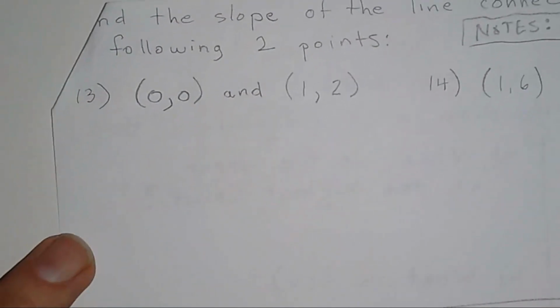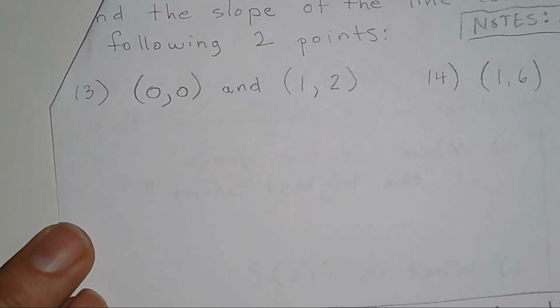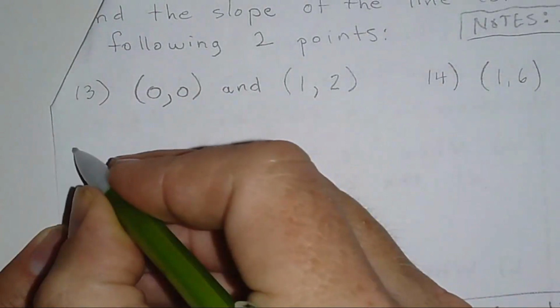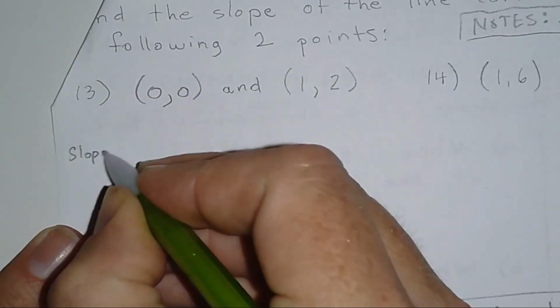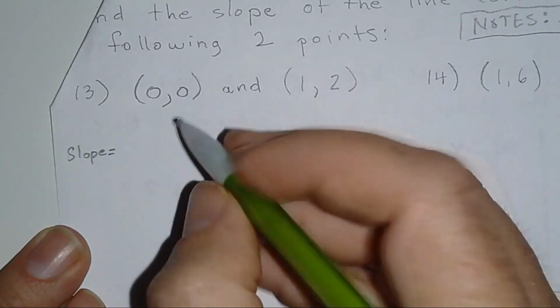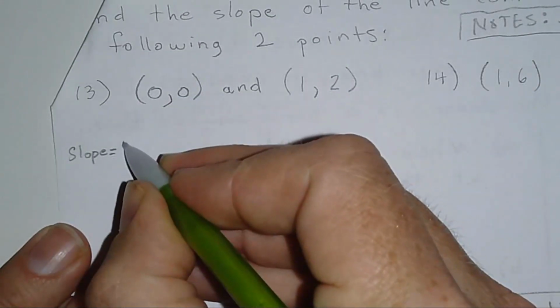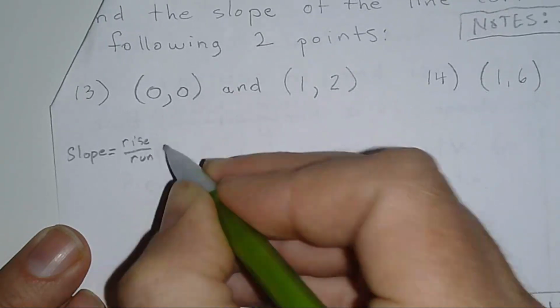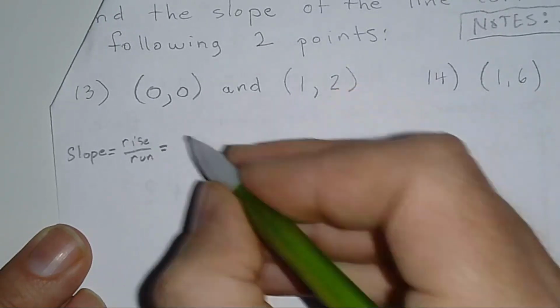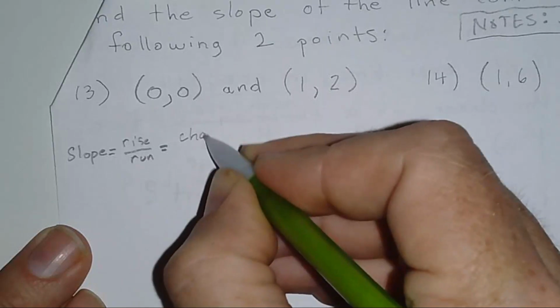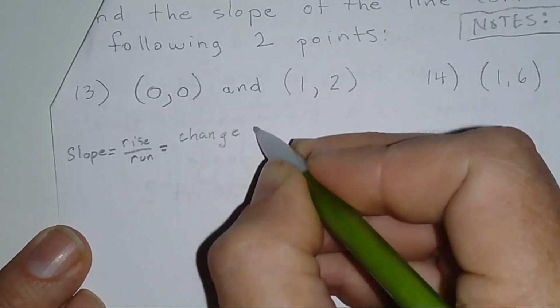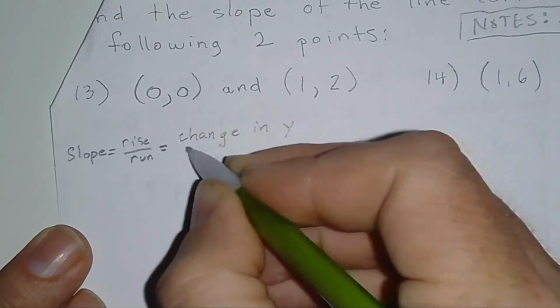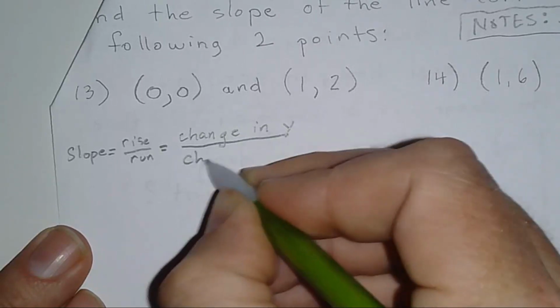do this. But the basic idea is that the slope equals, we talked before, particularly on a graph, that it equals the rise over the run, which also can be written as the change in y over the change in x.